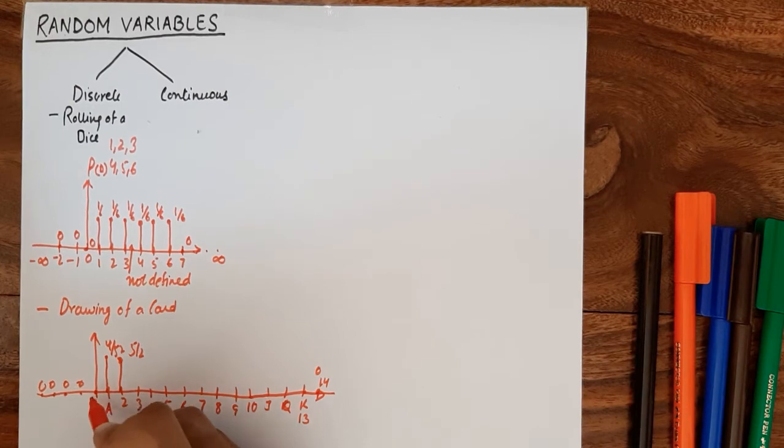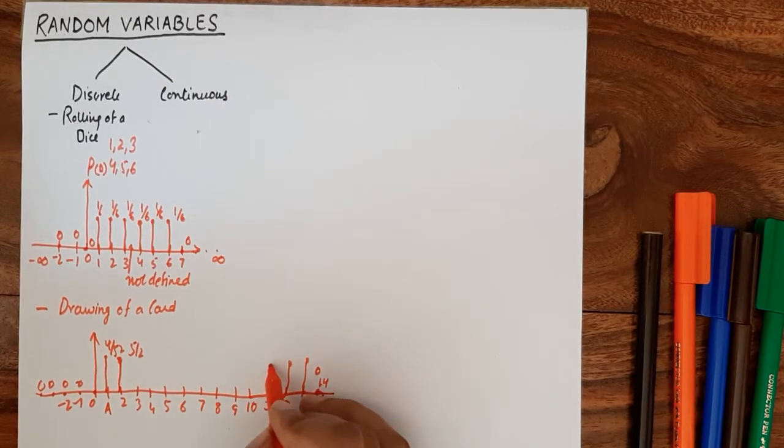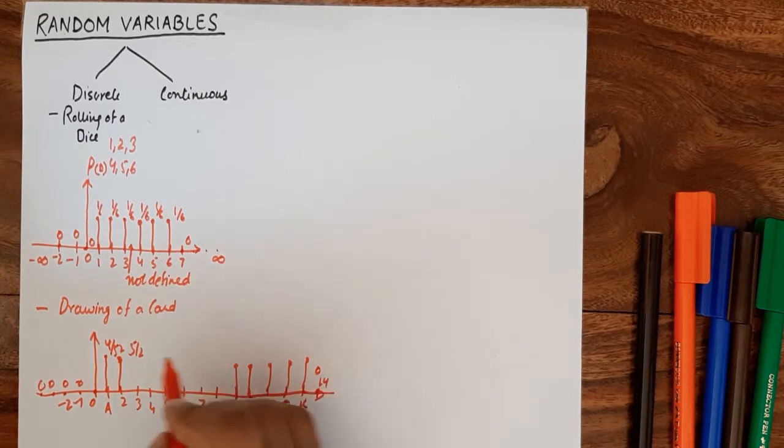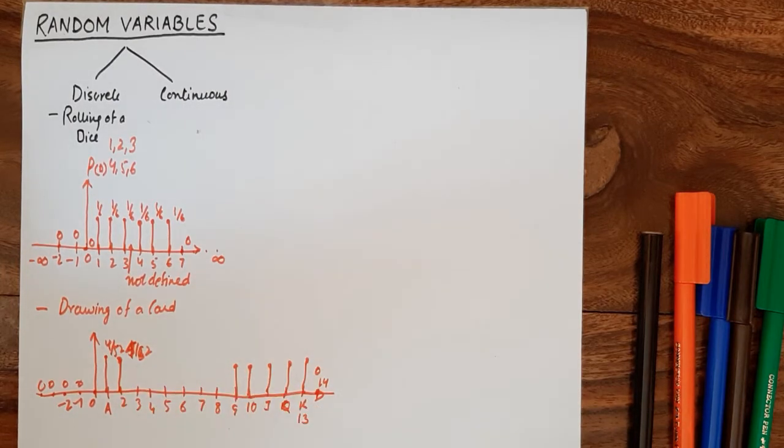And similarly 0, minus 1, minus 2 will have probabilities as 0. And only these values will have probabilities which are equally likely, and they will have a probability of 4 by 52. So we know that there are 4 2s in the total of 52 cards.